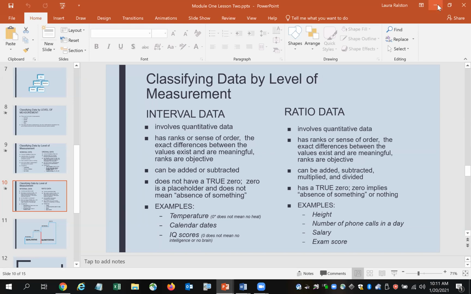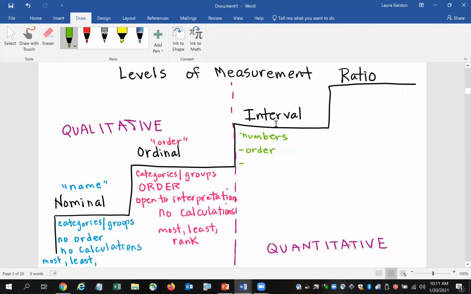Okay, so again, obviously with interval, because you have numbers, we do still have a sense of order or ranking. Again, because I know that 1 comes before 2, 2 comes before 3. We can do that sense of ranking.